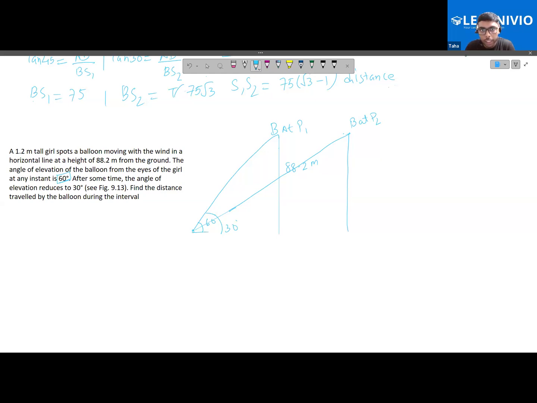Even here you can see these are two triangles now. Over here, in triangle B, P1 and P2. And this is A. Okay, notice this in triangle APB. Okay, let's change P.